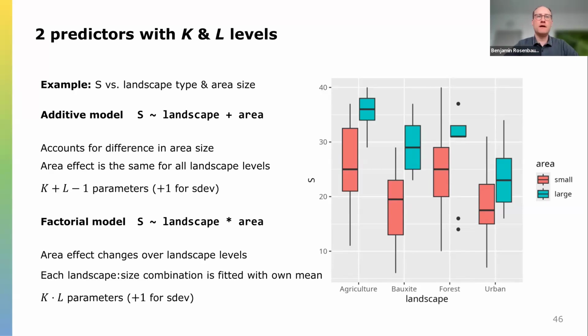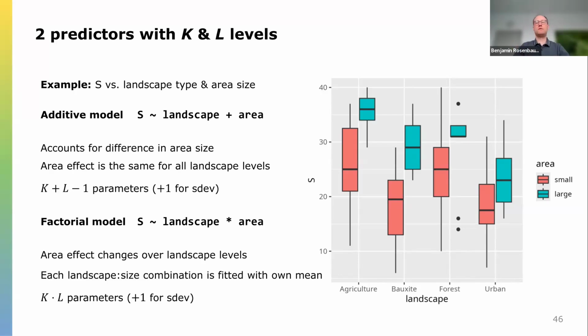The second one, this interaction model. And I always think of the interaction model in terms of not dummy coding it, because then for me, it's very simple to understand what it's doing. If I fit the interaction of all the predictors involved, this just means I'm fitting an independent mean to all the different level combinations.